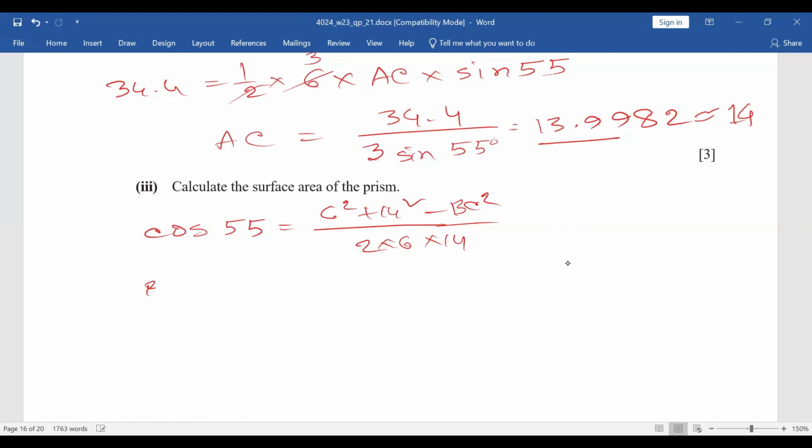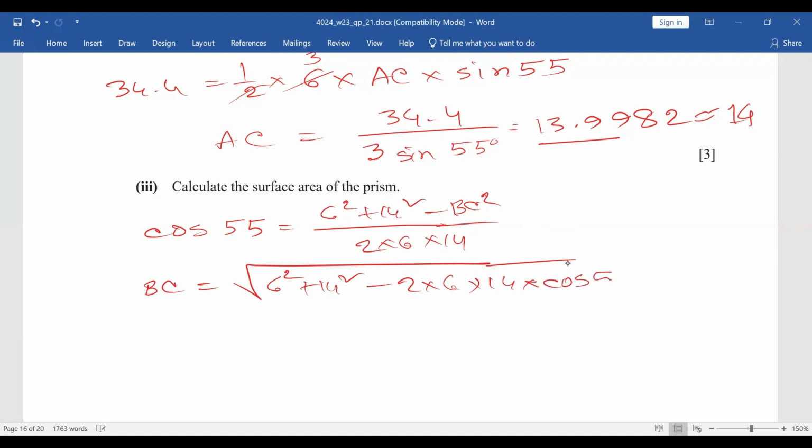Or we can write directly BC equals root of 6 squared plus 14 squared minus 2 times 6 times 14 times cos 55. It is 11.6, correct to three significant figures. The length of BC is 11.6 centimeters.